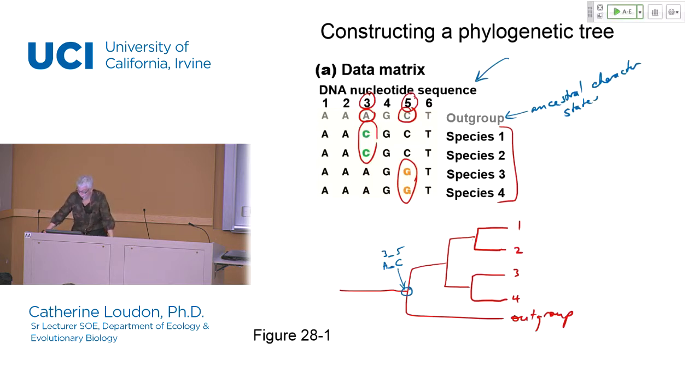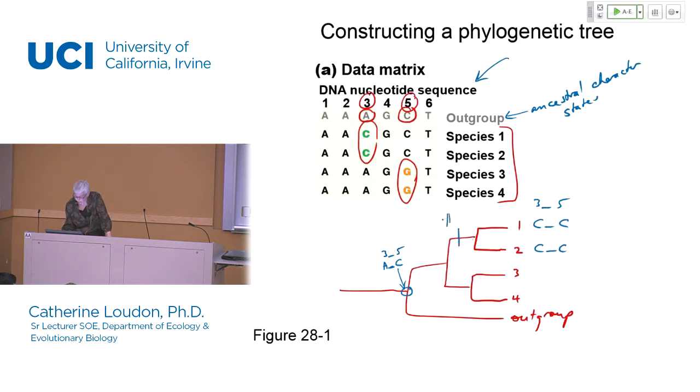Now, if we consider what is going on here with species 1 and 2, we know that at number 3 we have C, and at number 5 we have C. So if we write those down, for positions 3 and 5, we notice that compared to the ancestral condition, we've had a single change in nucleotide 3. Because that's a shared condition, a logical place to put this in this phylogenetic tree would be right here.